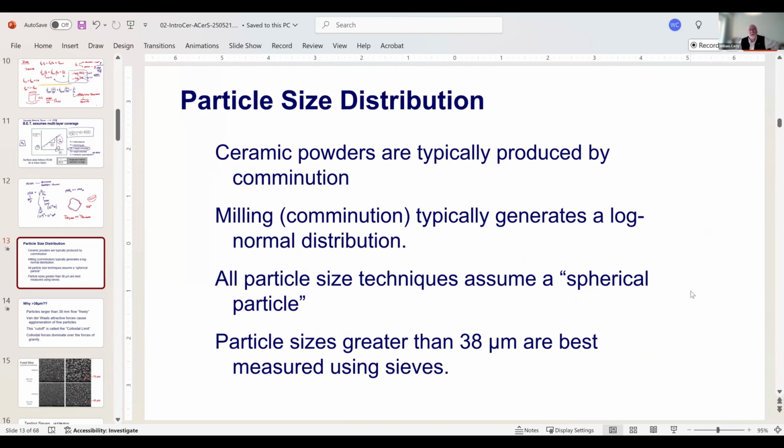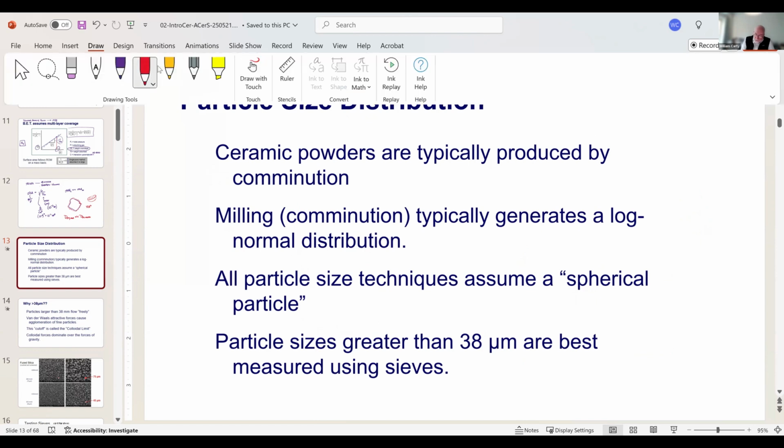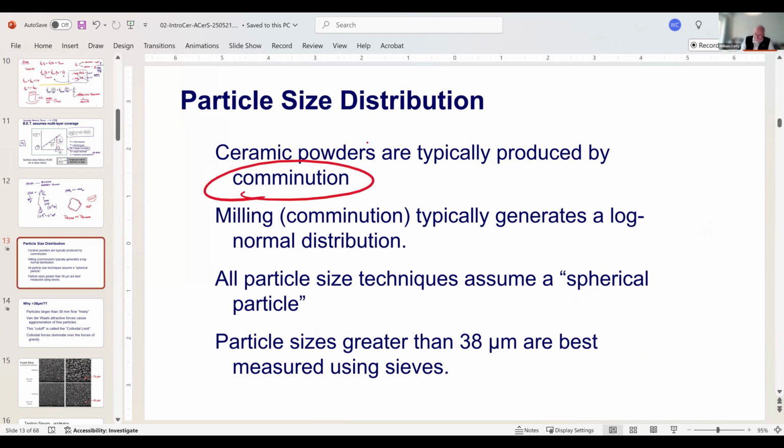So let's talk about particle size distributions. Ceramic powders are typically produced by comminution. That means grinding, okay? We'll say crushing and grinding. That process typically generates what's called a log normal distribution.